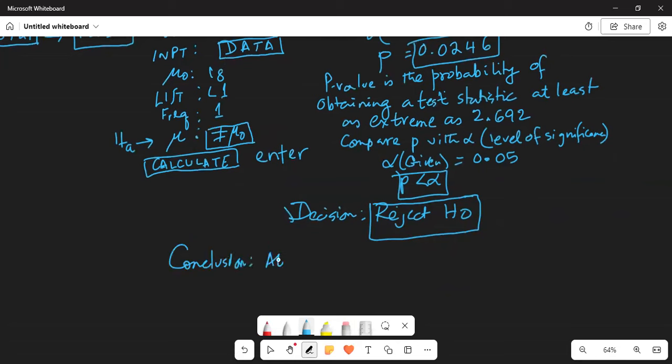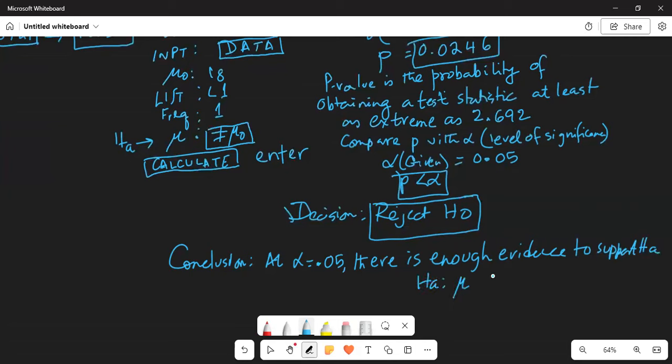At alpha equal to 0.05, there is enough evidence to support HA, because we have rejected the null hypothesis. HA was mu not equal to 18. So we are supporting HA because we have rejected H0.